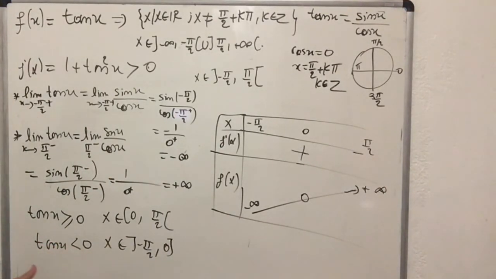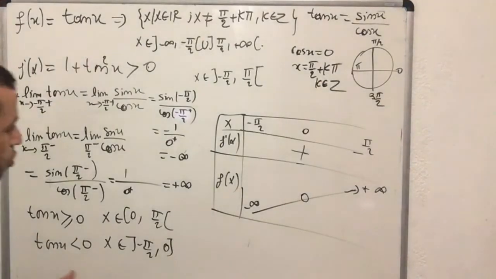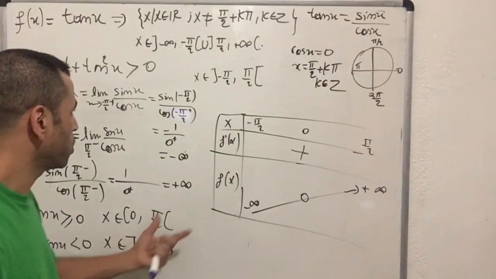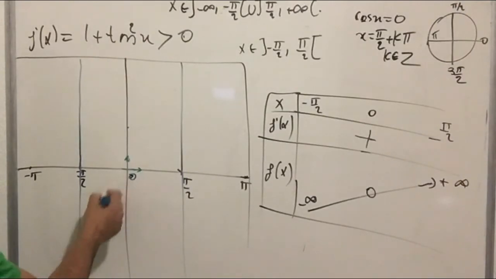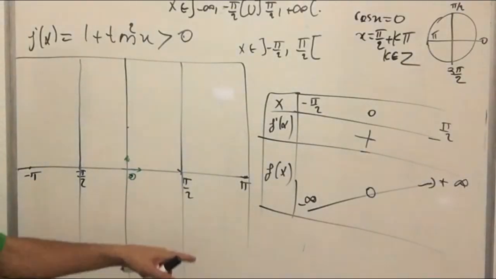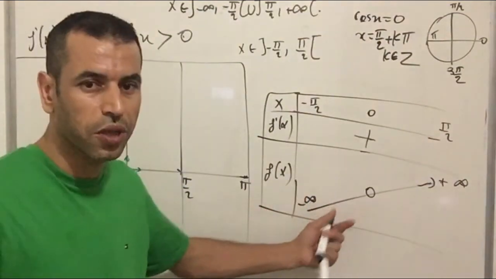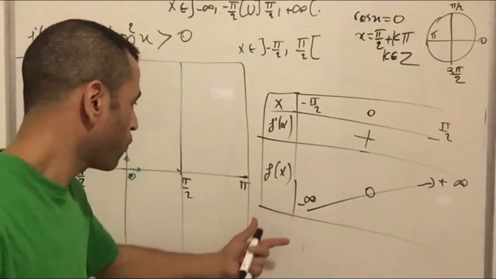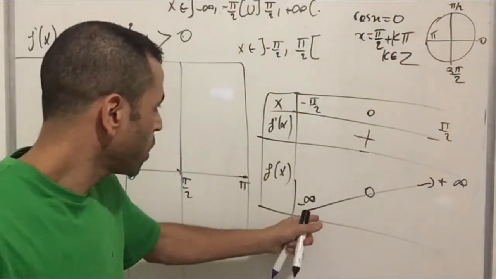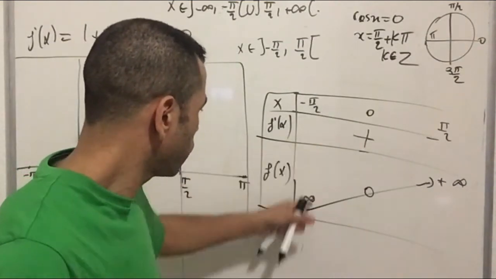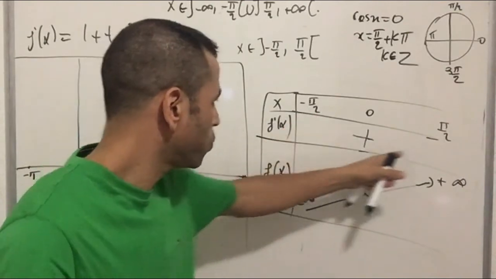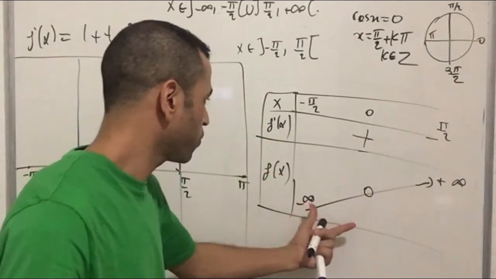So now I'm going to put this one in the graph, okay? So as you see here, the variation table shows the function tangent x is increasing, okay? It is an increasing function from minus pi over 2 to pi over 2, in this interval.